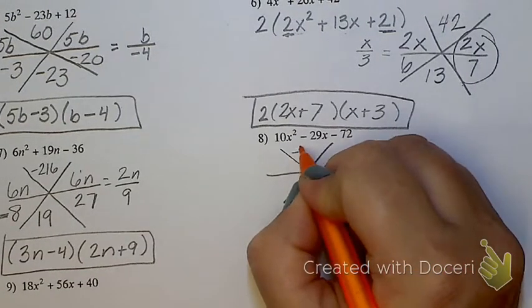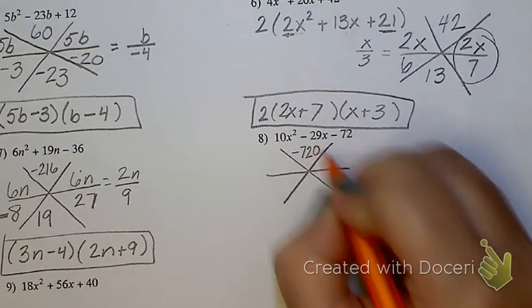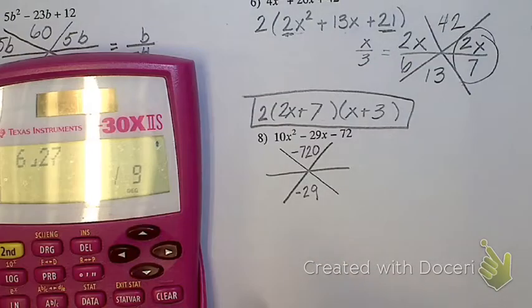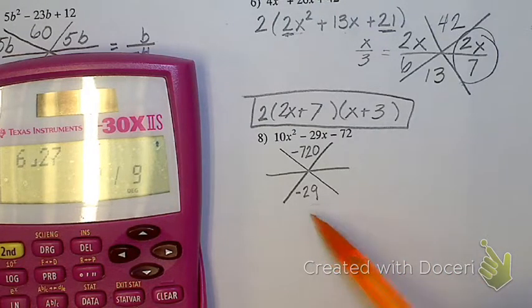So I have negative 720 on the top and negative 29. What I like about 720 is it's divisible by 10, right? 10 and 72, but I know that that's not going to get me 29. But if it's divisible by 10, there's other options too. It could be divisible by 20, right?